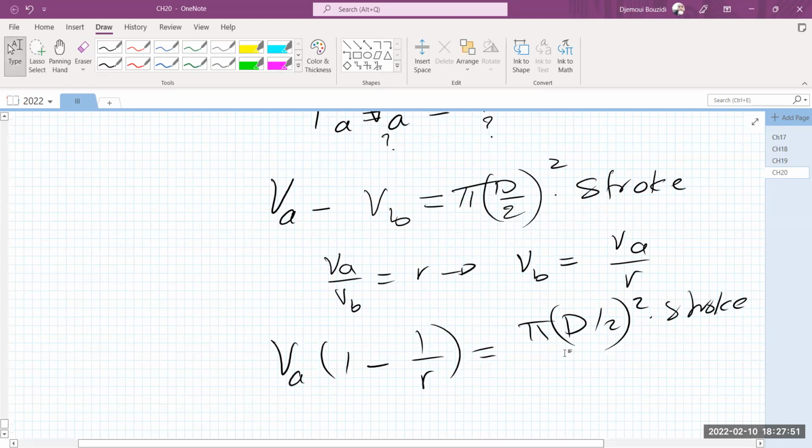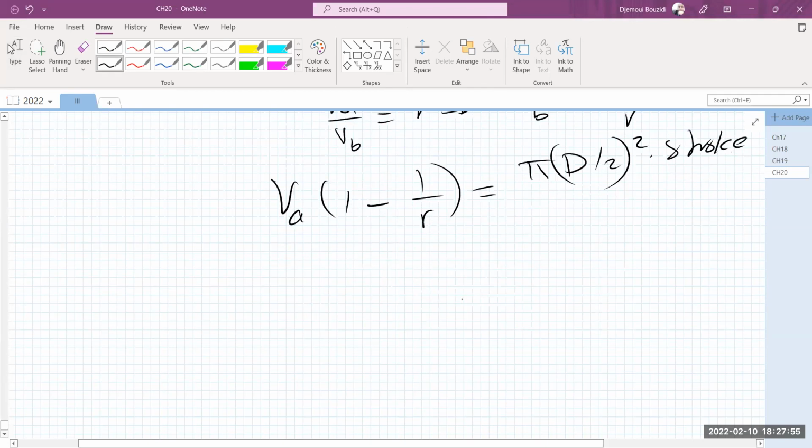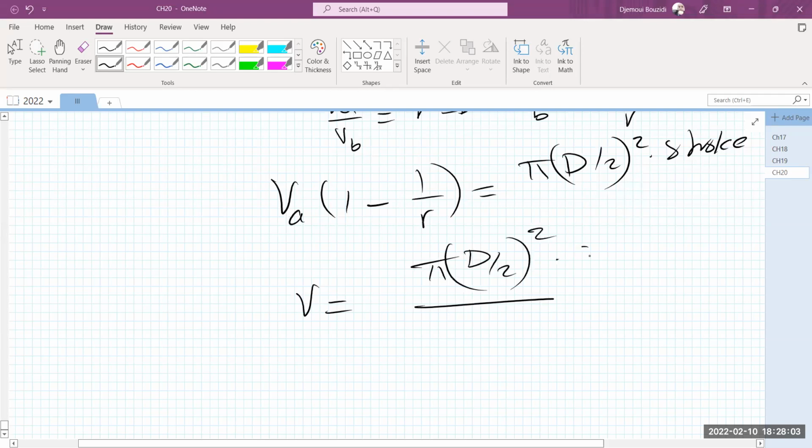So that means VA we can compute now. Does everybody follow the argument in here? Yeah. That's the area times the stroke, which is given, divided by 1 minus 1 over R.